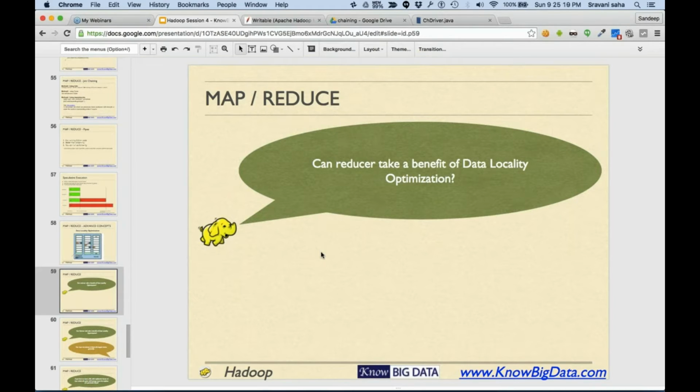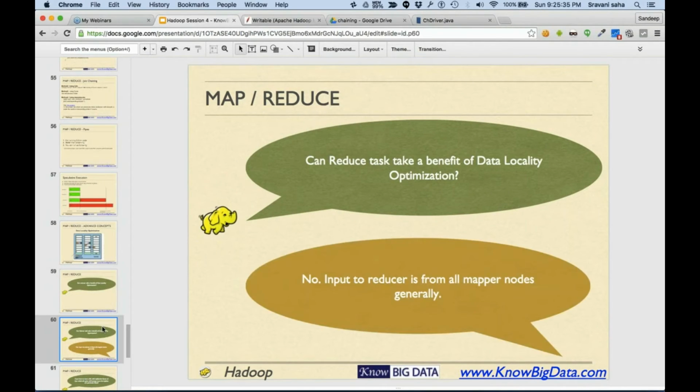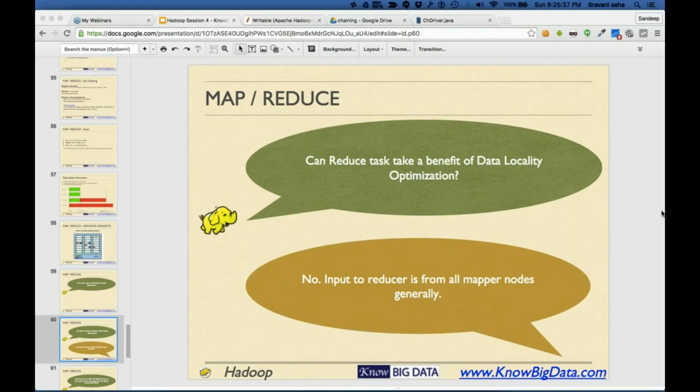At most, you can run the reducer on the same node as one of the map tasks, so only that particular node's data you don't need to transfer, but other nodes' data has to be transferred, right? Therefore, in the case of a reducer, you can't really take the benefit of data locality.